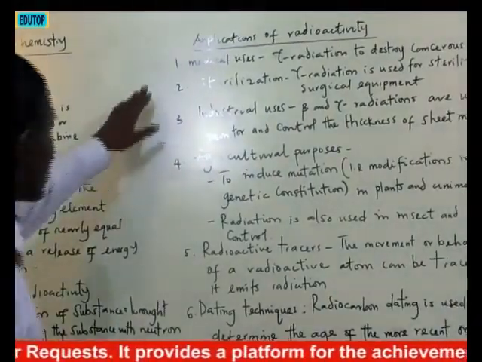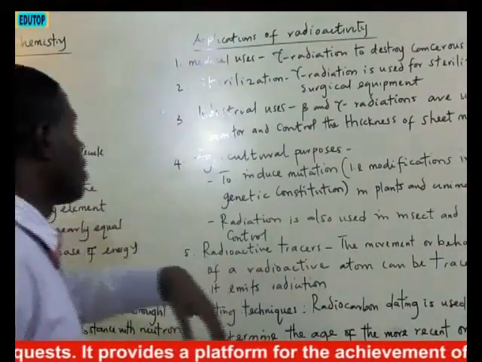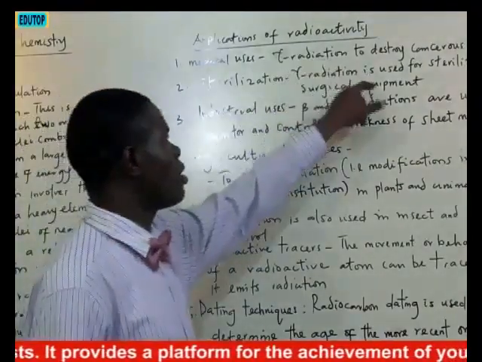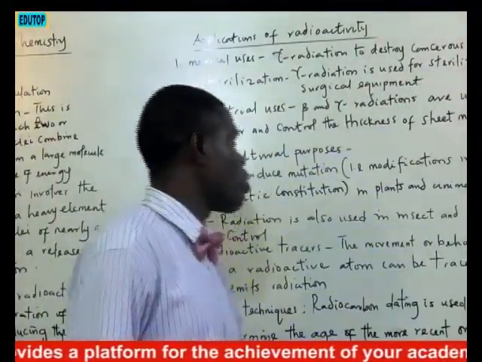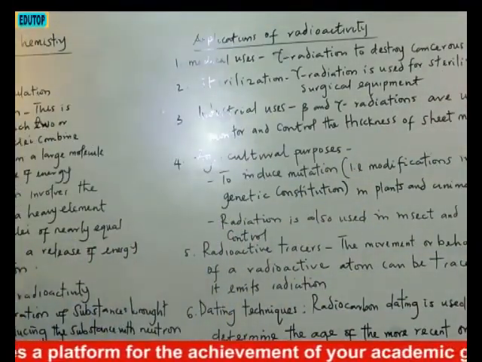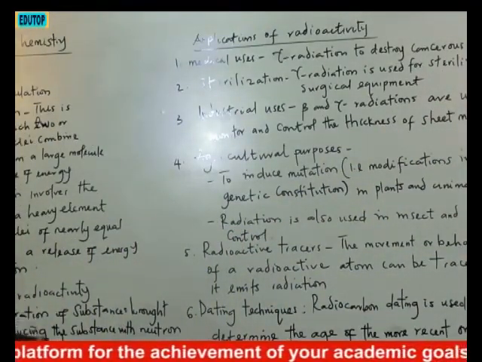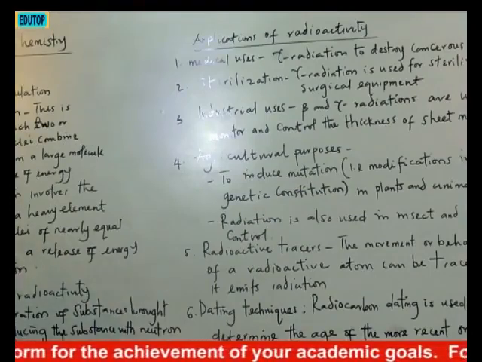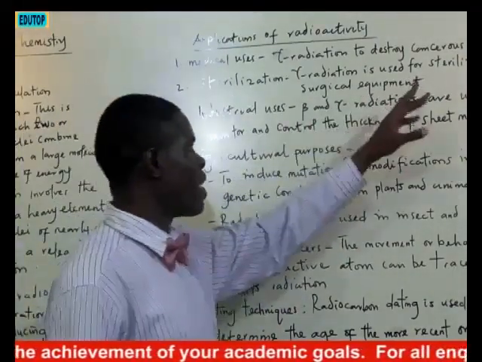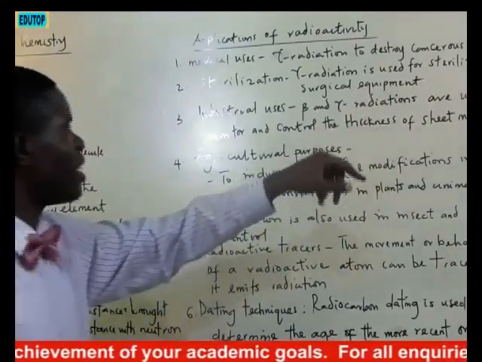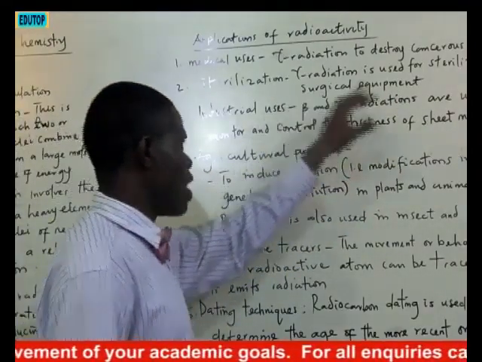Then, one, medical uses. Gamma radiation is used to destroy cancerous growth. Take note of that. We use gamma radiation to destroy cancerous growth. Then, in sterilization, gamma radiation is used for sterilizing surgical equipment.